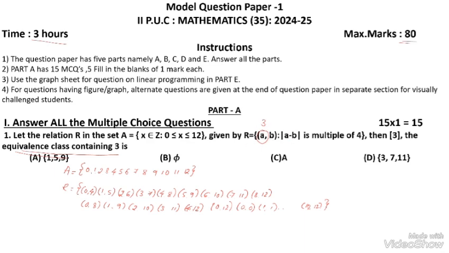When we take 3 minus 3, we get 0, which gives equivalence.